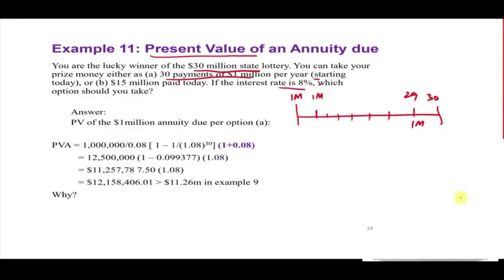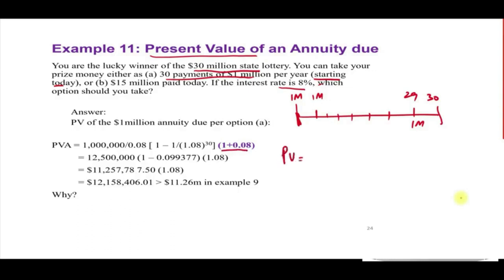If you see, starting from today means you will get the first million here. So let's see, our answer would be, you can use the answer of the ordinary annuity, and then we have to multiply it just with 1 plus 0.08, because this part remains the same.